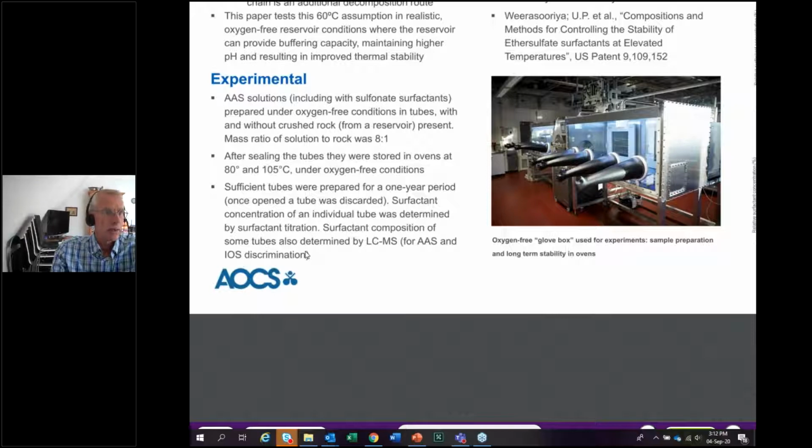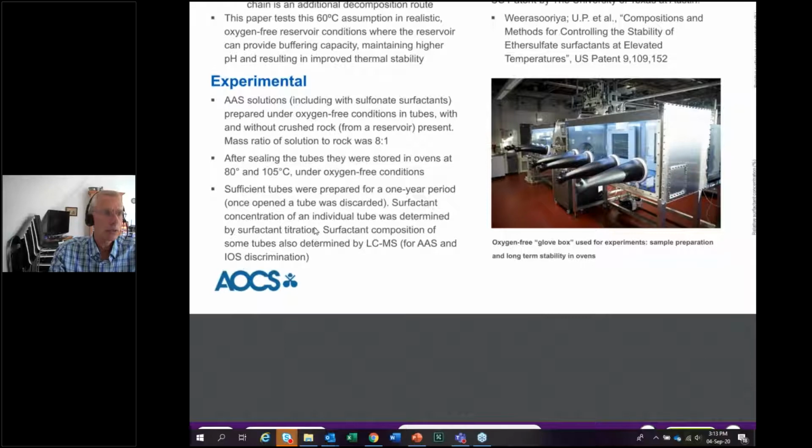So we made these solutions. We made lots of little tubes, which we would open at various points during the 12-month period. We didn't use one large stock solution and then take samples because we didn't want to get contamination. We just had several tubes which we opened, took a sample, analyzed it, and threw it away. And then the next tube, a month later or so, would be used.